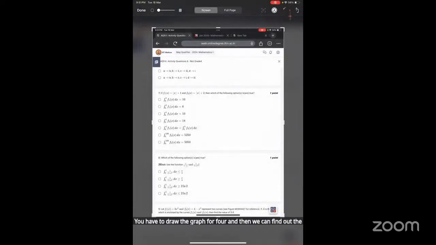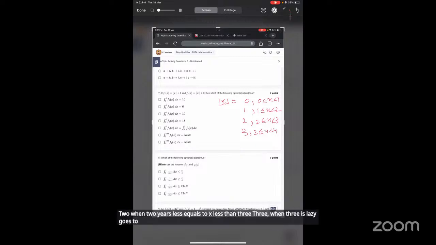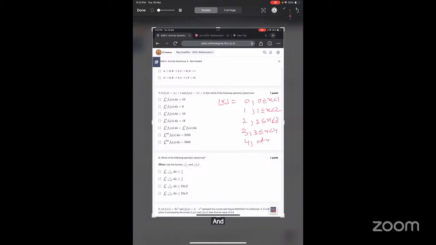So the floor function of x gives the value 0 when 0 is less than or equal to x less than 1, right? 1 when 1 is less than or equal to x less than 2. 2 when 2 is less than or equal to x less than 3. 3 when 3 is less than or equal to x less than 4. And 4 at x equals 4. Yes, we can break 0 to 4, right? And then what will be f1 of x?